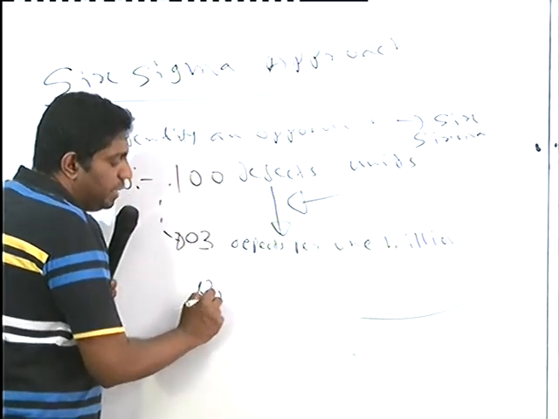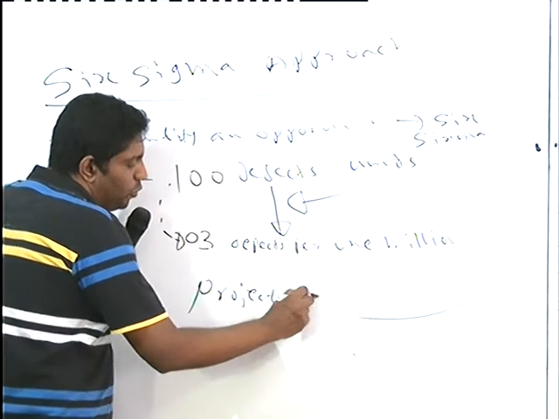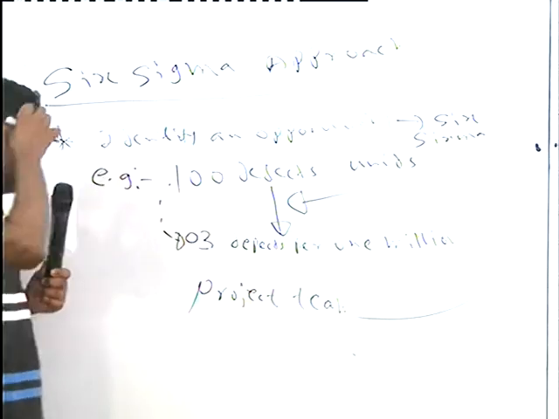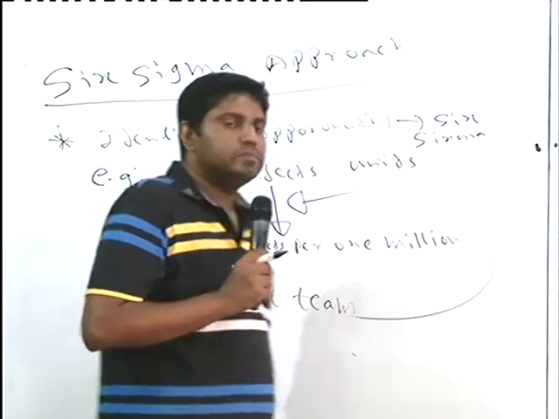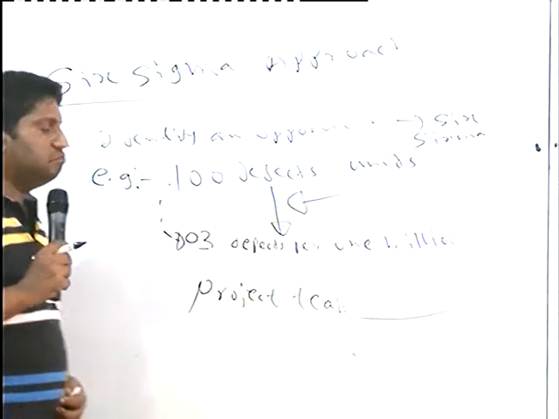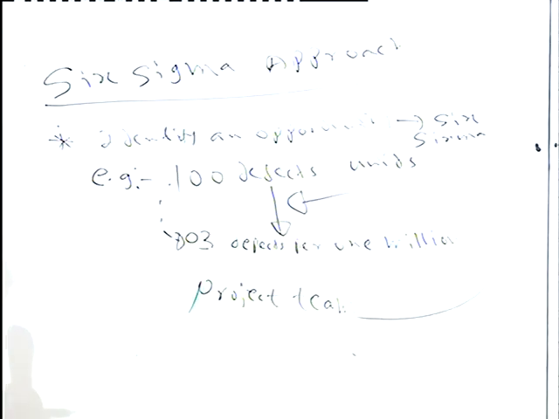The project team will be assigned for this particular exercise. Normally, project team members can consist of 3 types of members.